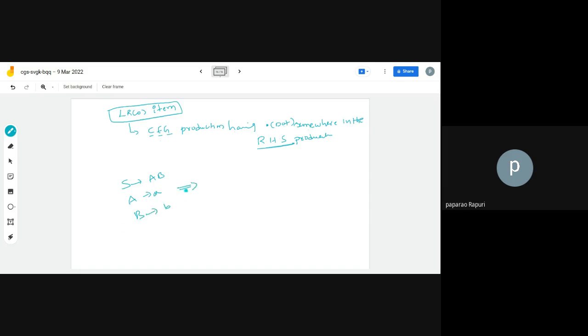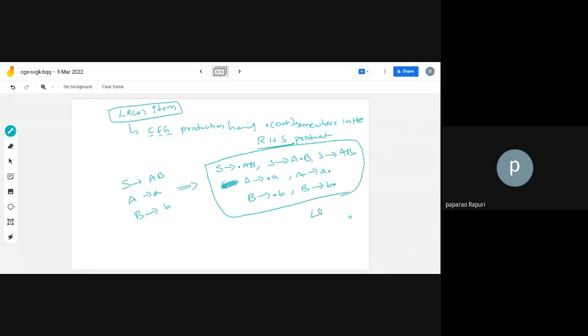With this we can write S derives dot AB, S derives A dot B, S derives AB dot, and A derives dot a, A derives a dot, B derives dot b, B derives b dot. So these all are LR0 items.